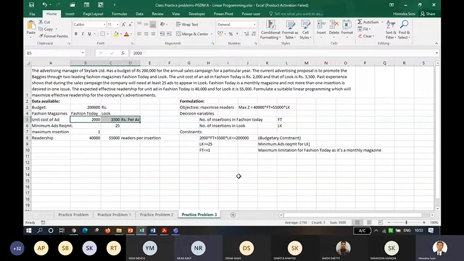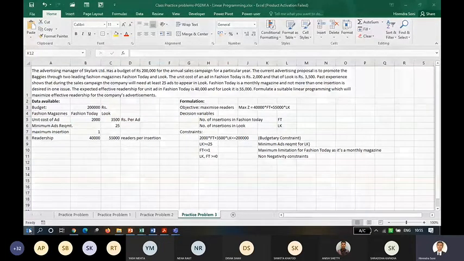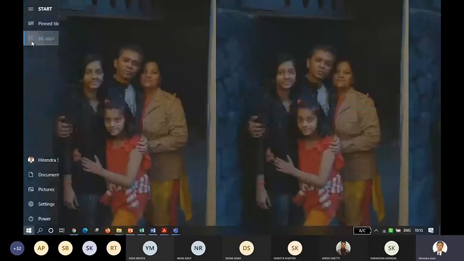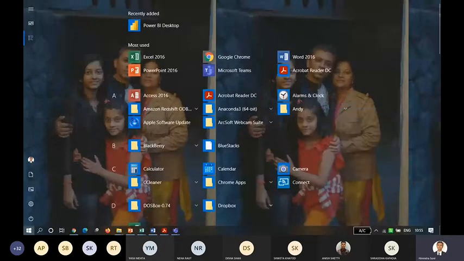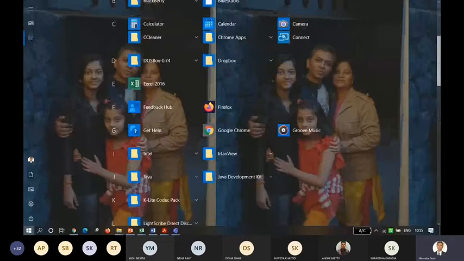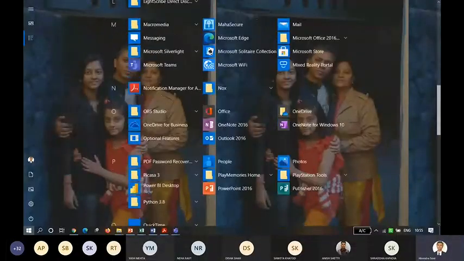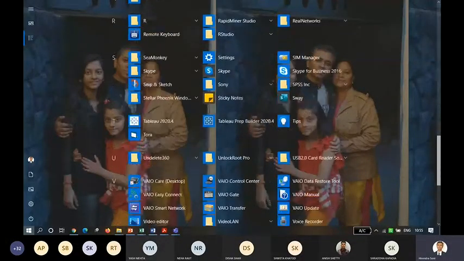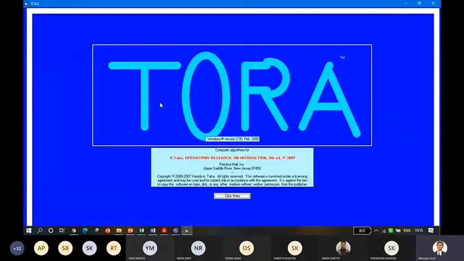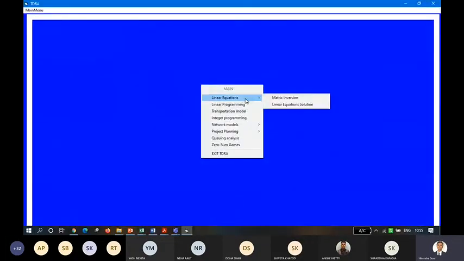If we do this in Torah, it will get done very easily and quickly. I am just listing down and I will show you on Torah. You can solve it on Excel as well as on Torah. But Torah would be just for helping you in terms of understanding it.